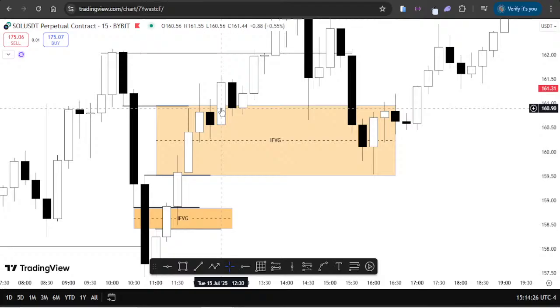This is algorithmic price delivery, because price runs on an algorithm, and you have to understand how smart money delivers price using imbalances, rebalancing of imbalances, and targeting the external liquidity. So permit me the time to break this price action down so that you can actually go into the chart to see what I'm doing.